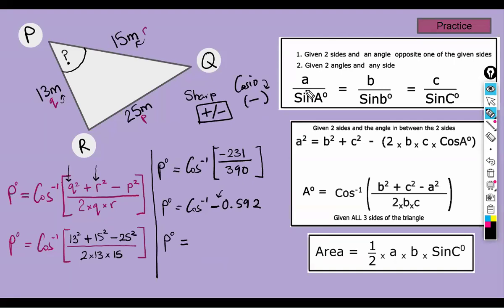So type in second function cosine 0.592, right? And you're supposed to see this on your calculator, 126.299 degrees, right? 126.30 degrees if you go to 2 decimal places.